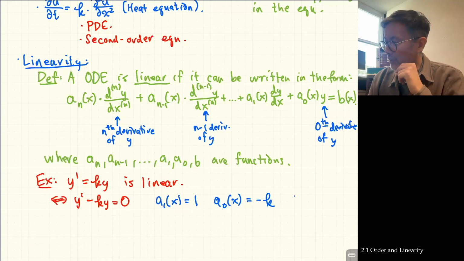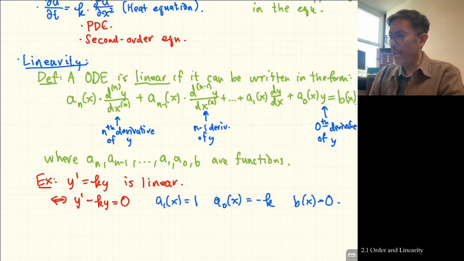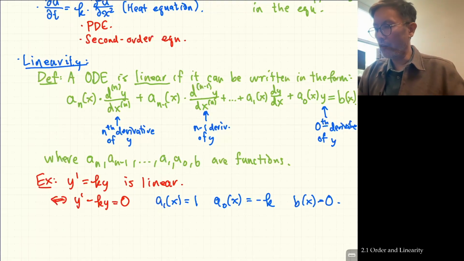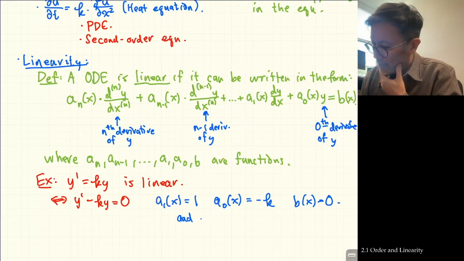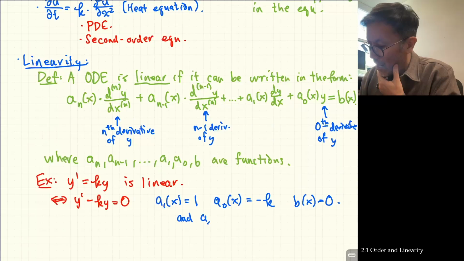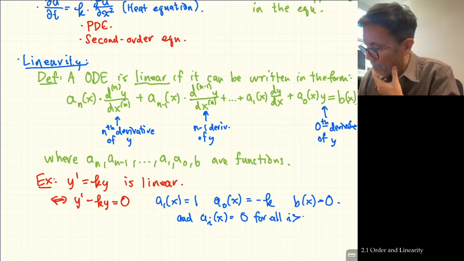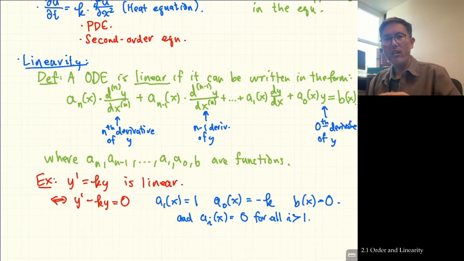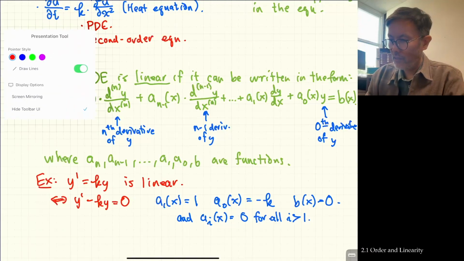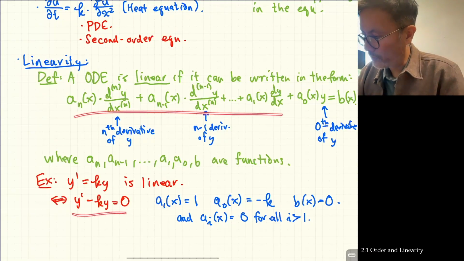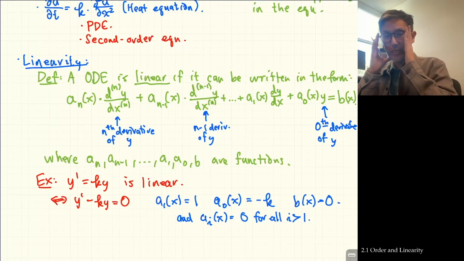And then b of x is 0. And if we were to make everything else 0, all the other coefficients be 0, maybe I'll write that: a sub i of x is equal to 0 for all i greater than 1. Okay. So if we make these designations for the a's and for this b, then we can see that this equation satisfies this form. Okay, so it's a linear equation.